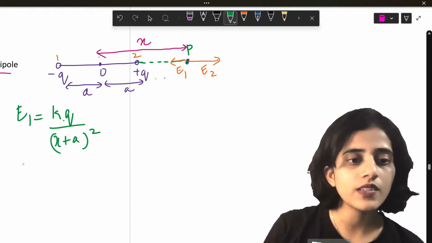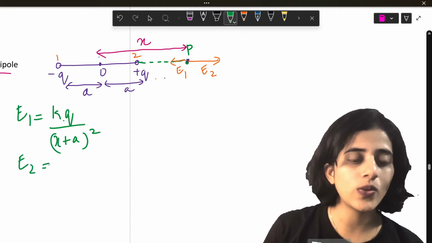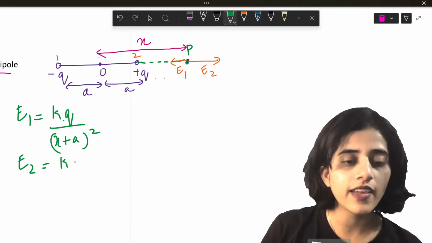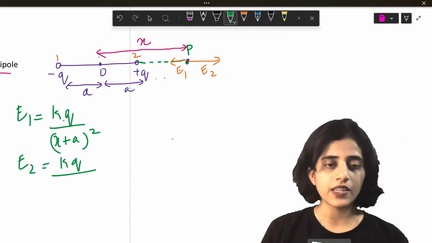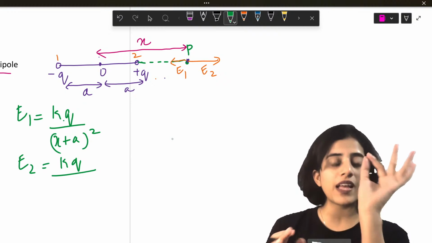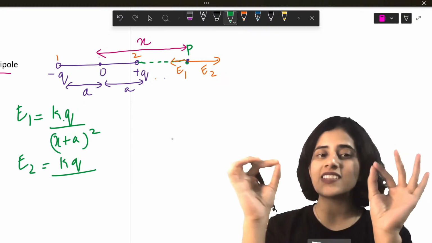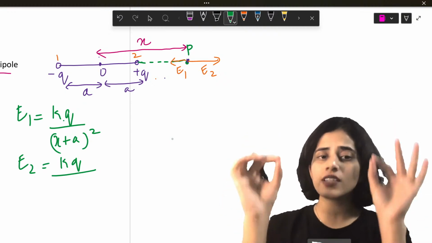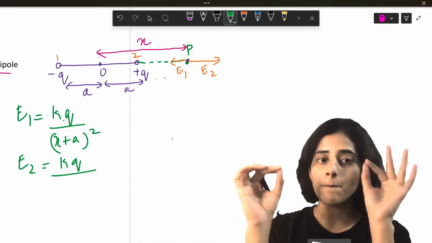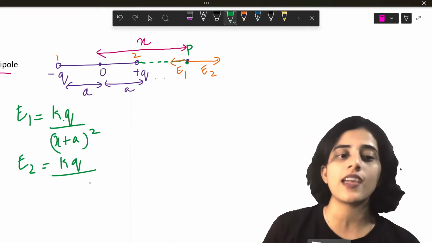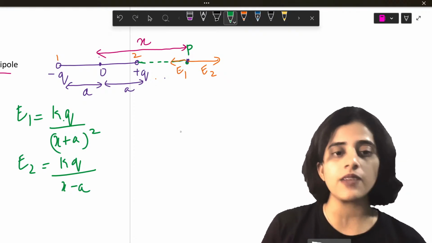Now, E2 will also be equal to kq the whole divided by... So E2 is from where? From plus q to point P. So from plus q to point P, it is not x, but it is x minus the rest, which is A. So it's going to be x minus A, isn't it?